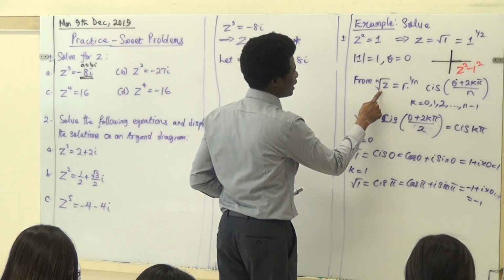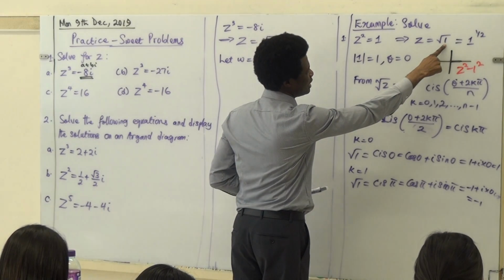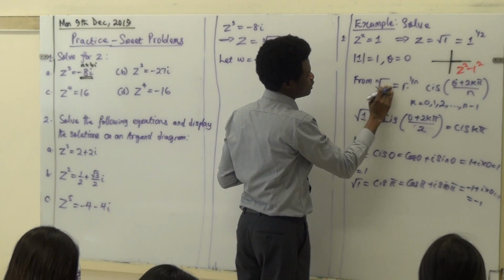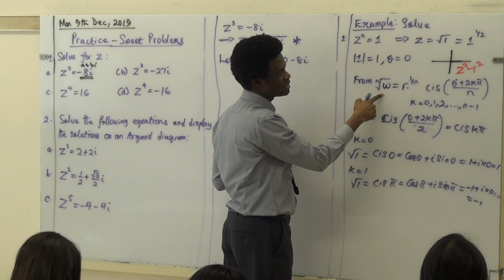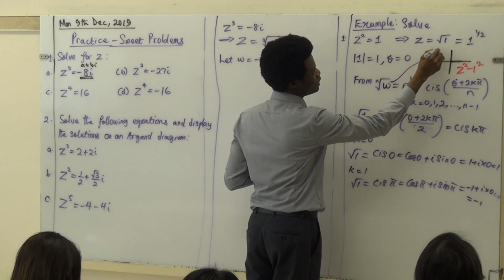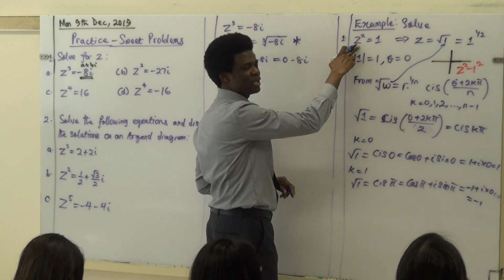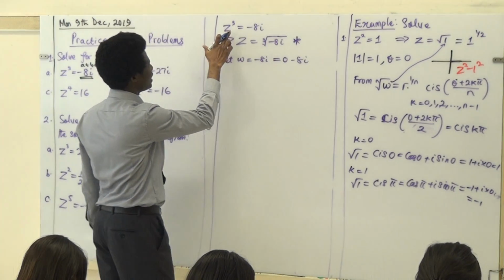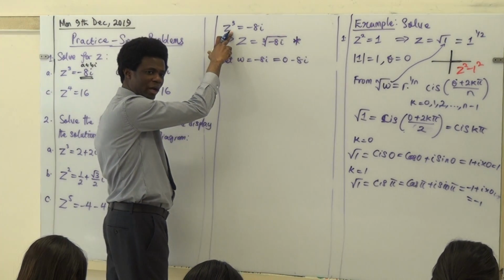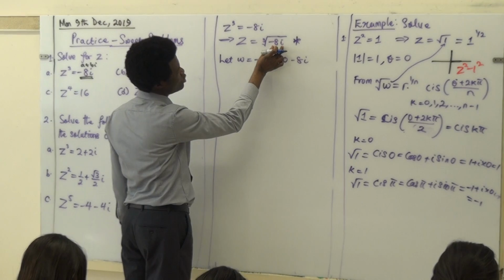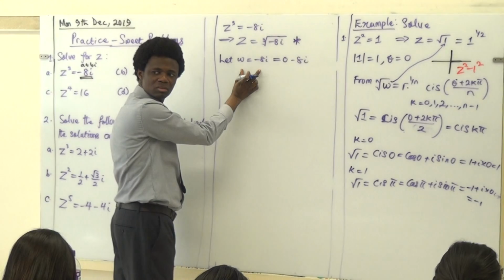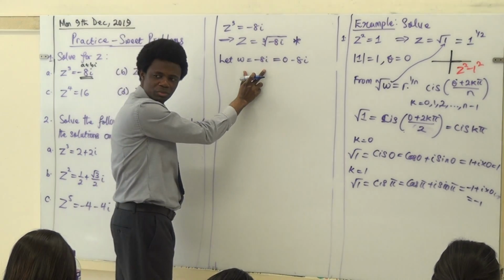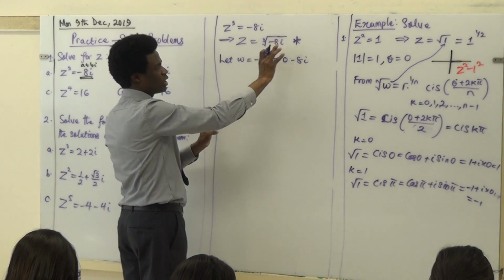Maybe I should have used W here, where W is this number. Z is the solution you are looking for, the variable to find. What I have under this root is W. So basically, my Z is the cube root of W, and my focus is on W.